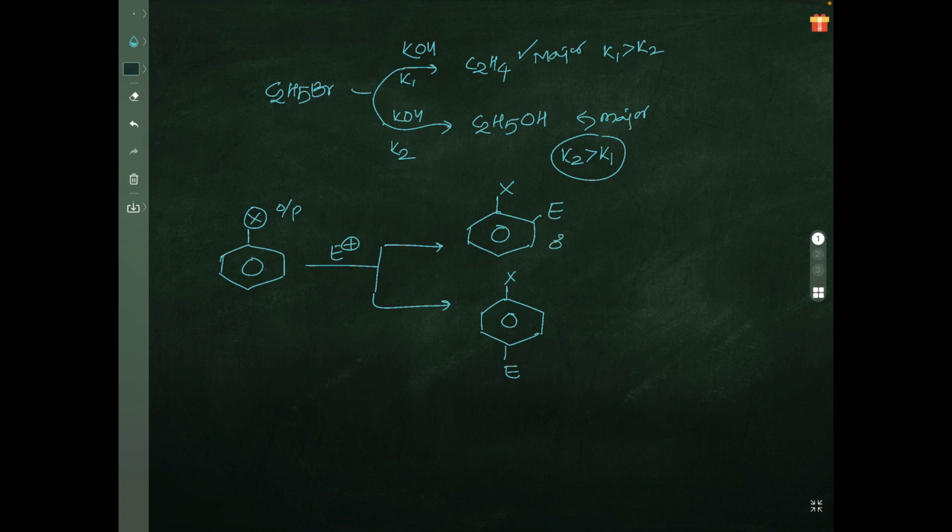This is the ortho, this is the para product. If this is K1, you can call this K2. Very simple. Nuclear reactions you can take, dehydration reactions you can take, Zaitsev product, Hoffmann product will be there. All those conditions you can apply for this. Whenever more than one possible product is there, you can apply this kinetics.